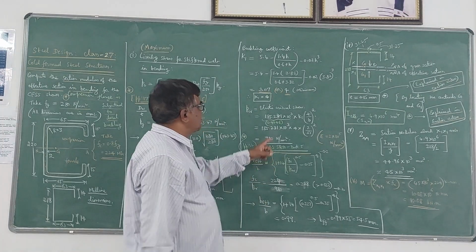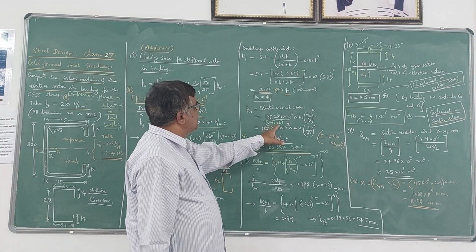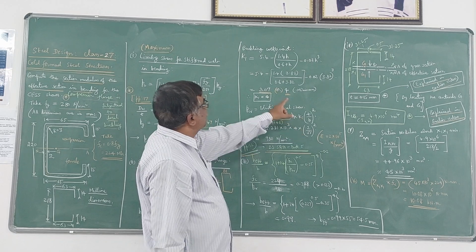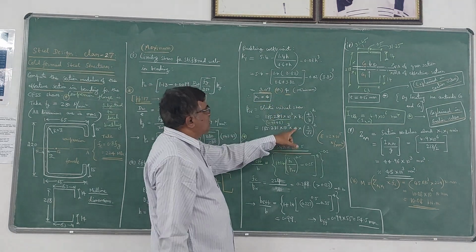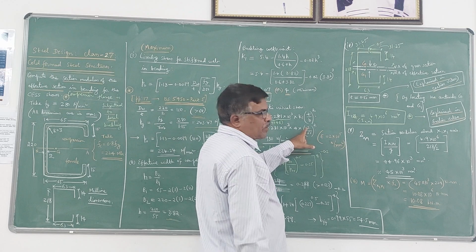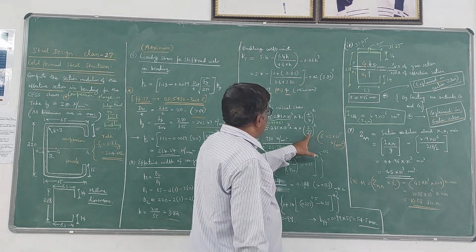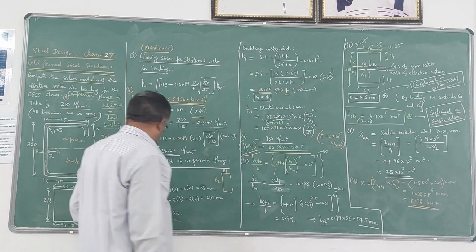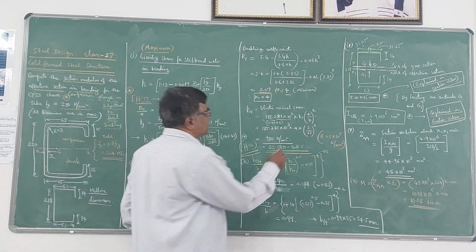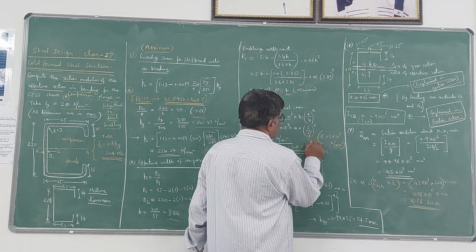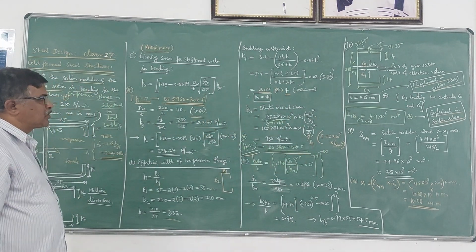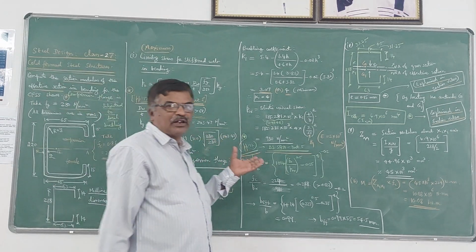If you substitute here, you will get approximately this value into K1. K1 is 4, you have to take now, into T by B. T is 2 mm thickness and B is, we are calculating for the flange, therefore B we have to take B1, which is 55. So this B becomes B1 here. Now if you substitute and simplify, 980 Newton per mm square is the elastic critical stress value you are going to get.